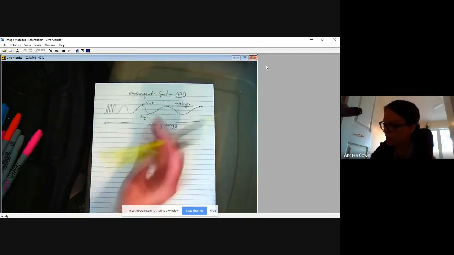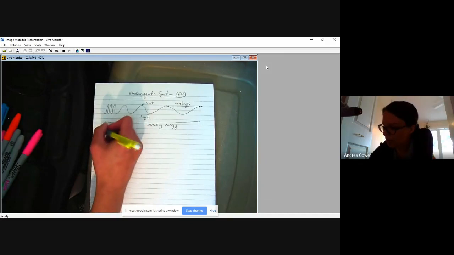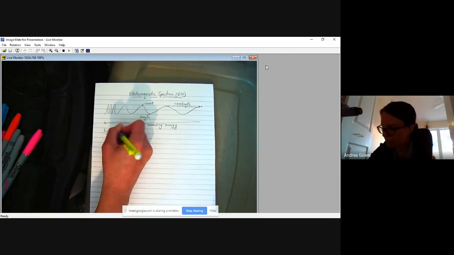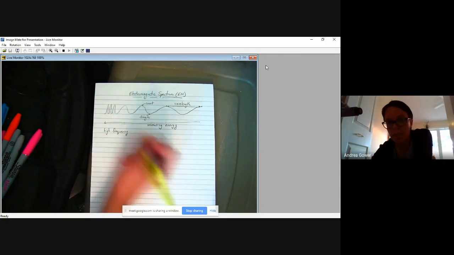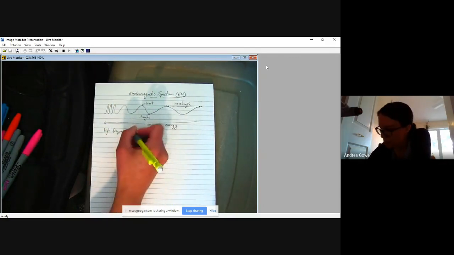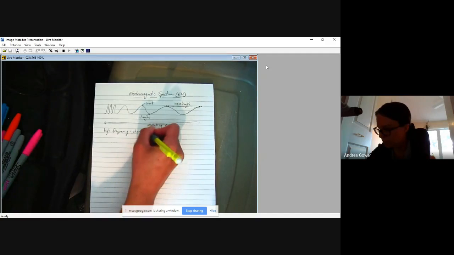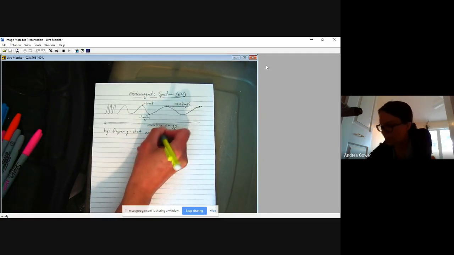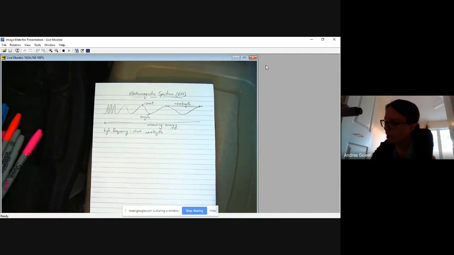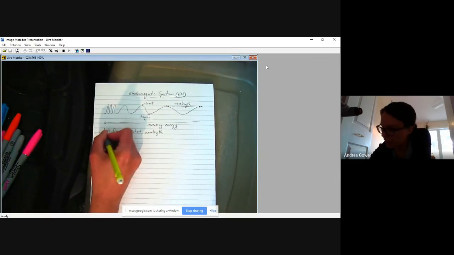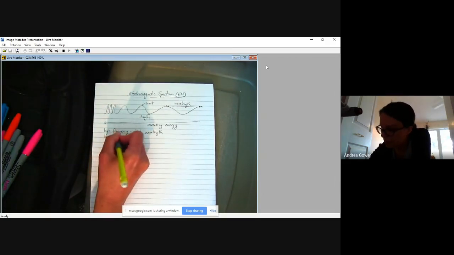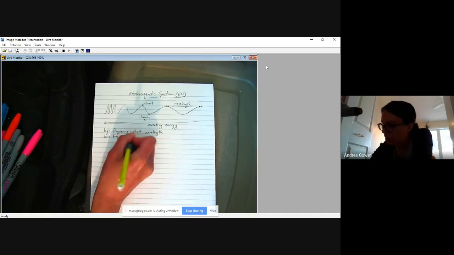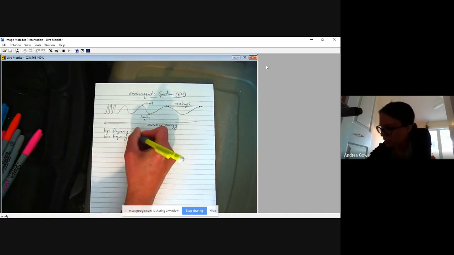So we're just going to write on here that high frequency is going to correspond with or be linked to a short wavelength. And then a low frequency is going to be linked to a long wavelength.